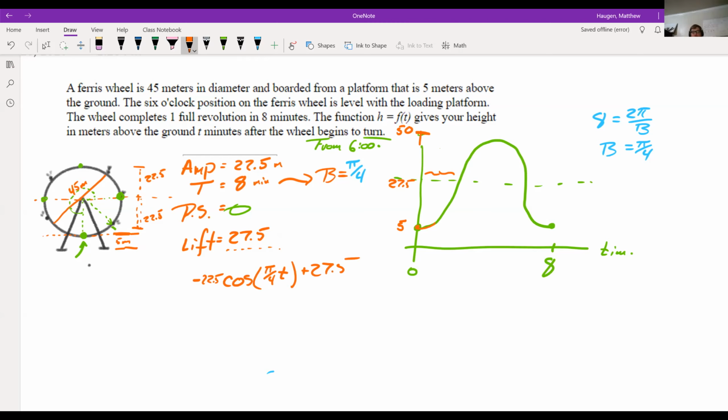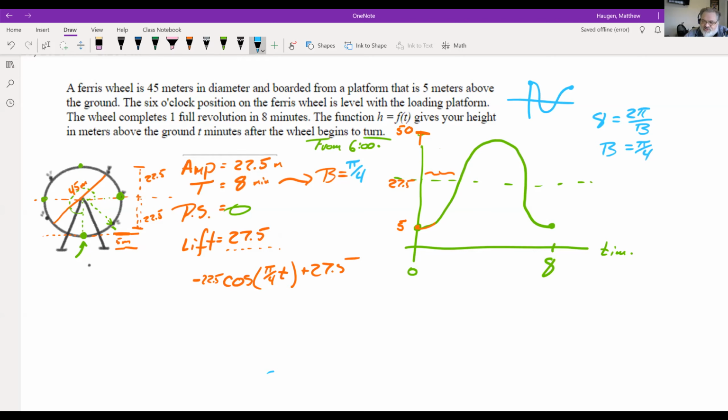Why is the cosine better to use than the sine here? Mostly just because better is a strong word. Probably easier, because cosine by its nature starts at its extreme value and then goes through its oscillation.